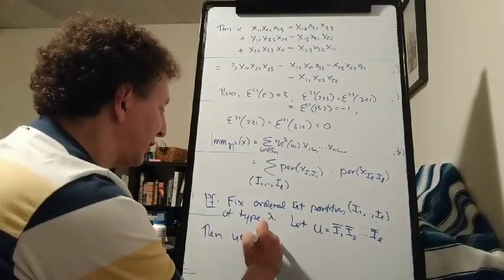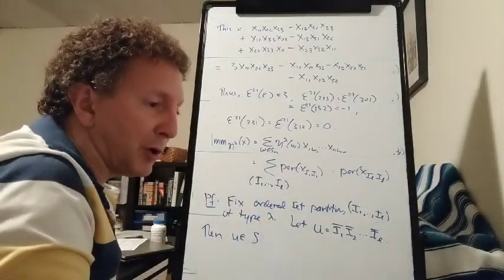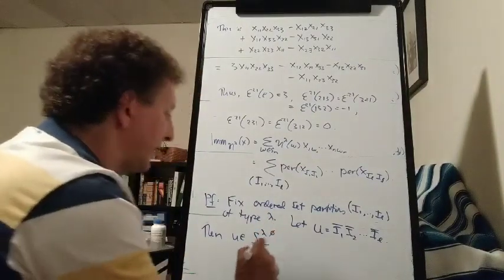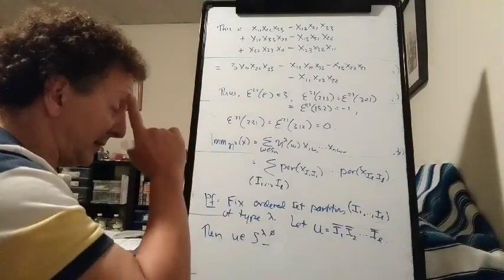So U belongs to the minimal coset representatives S lambda empty set minus.